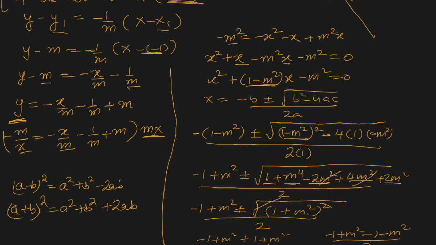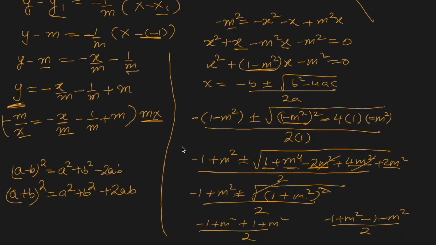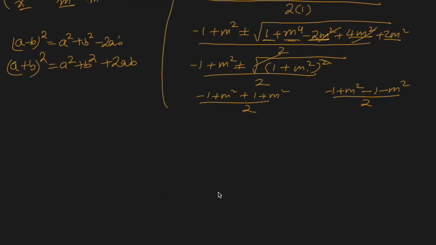Now we spent more time on this, I know, but if there is no way out, you can use this way, otherwise the one I told you earlier. So minus 1 and 1 cancel, 2m square over 2, and here we get m square. And m square and minus m square cancel, and minus 1 will be minus 2 over 2.